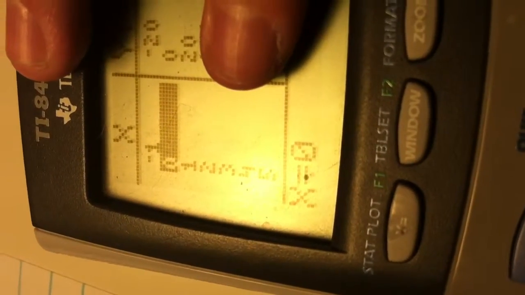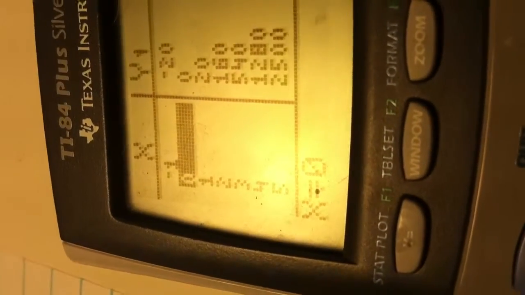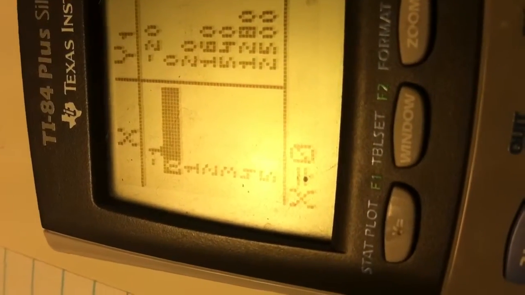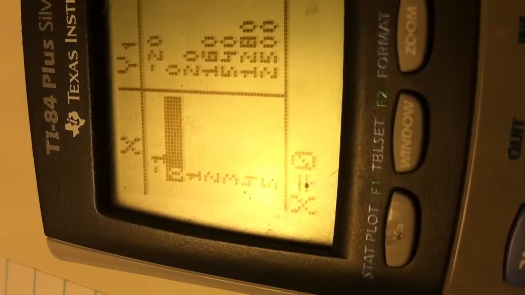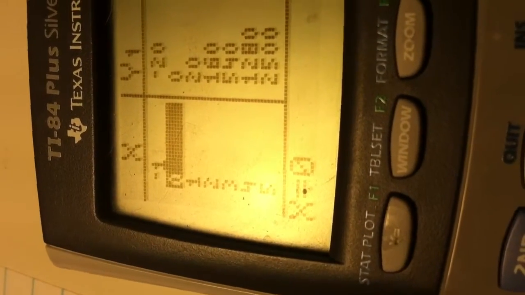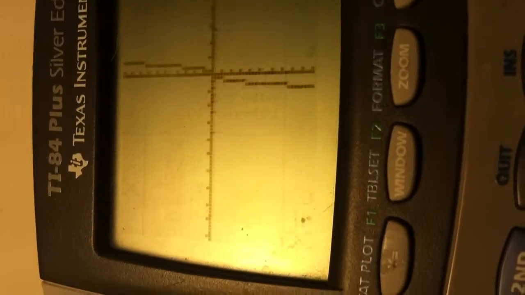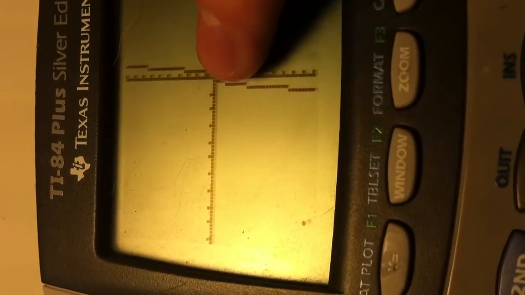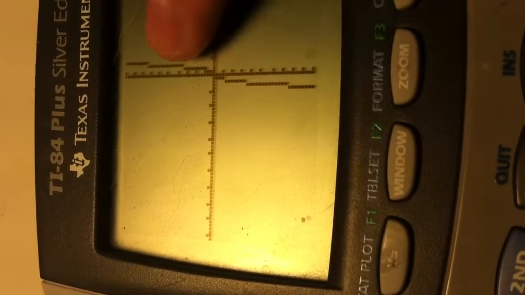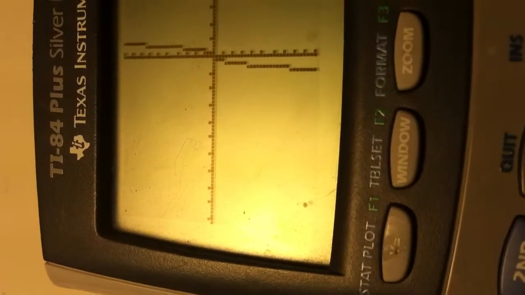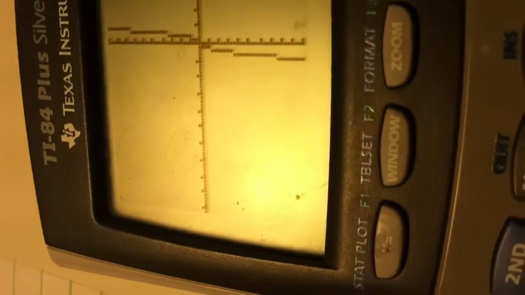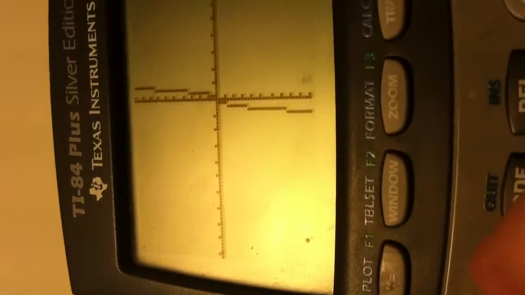At 1, it's a positive 20, so it's a positive tangent line. Since the slope is increasing the entire time, the inflection point is misleading and it really doesn't have one.